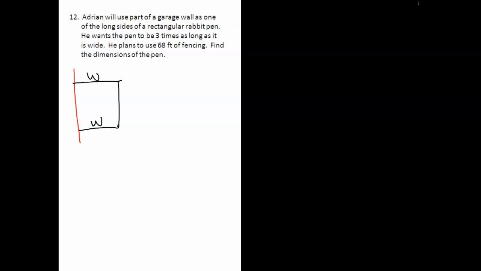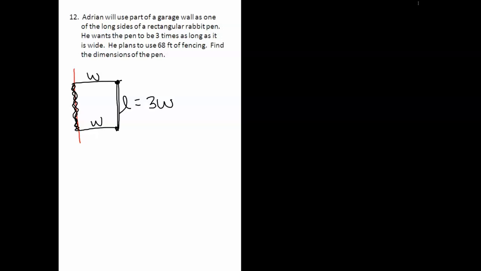So here's its length and width. And we need its length to be 3 times the width. And again, I only have to worry about one side for length because the other side is using the house. So this part doesn't use any material.